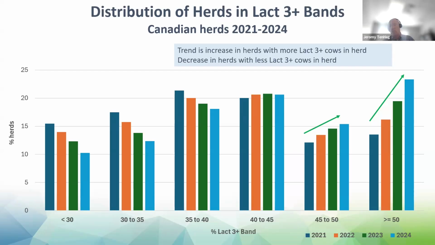And of course, you're taking cows from somewhere else. It's pretty straightforward to figure out where they're coming from, and obviously then there are fewer herds that have those lower percentages of lactation 3 plus in their herd. And there's one category here that's stayed pretty consistent over the last 4 years.